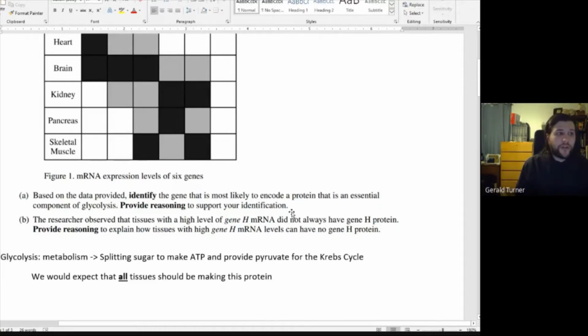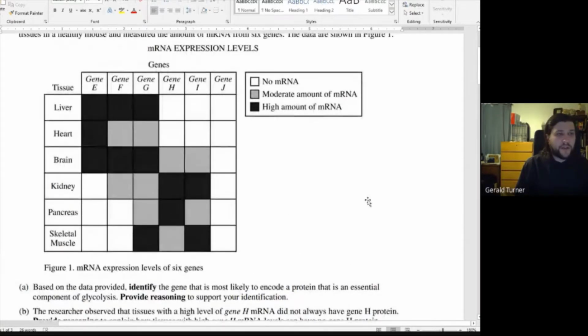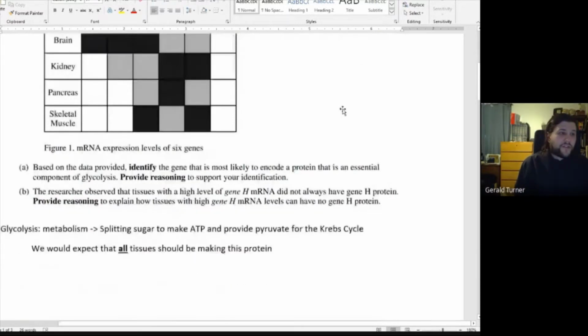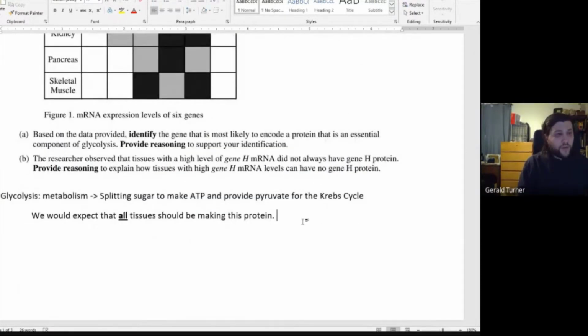So to figure out which of these proteins is likely going to be essential for glycolysis, we're going to look here, and the only one that has expression of that gene in every kind of tissue is gene G. So what we're going to say here is gene G is the only gene listed that is expressed in all tissue types.